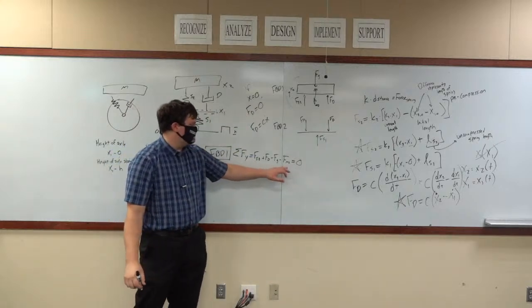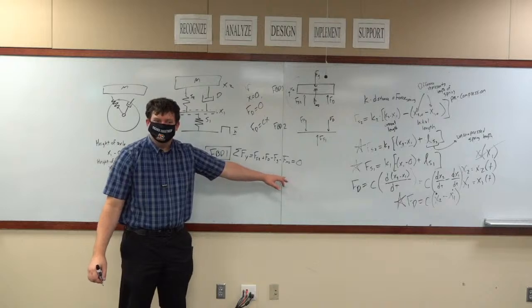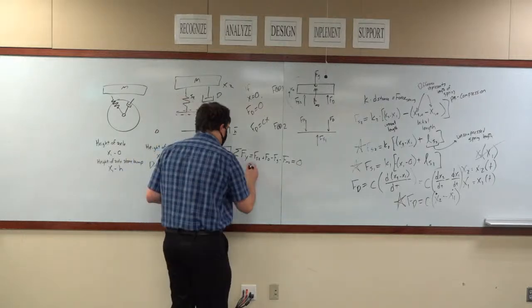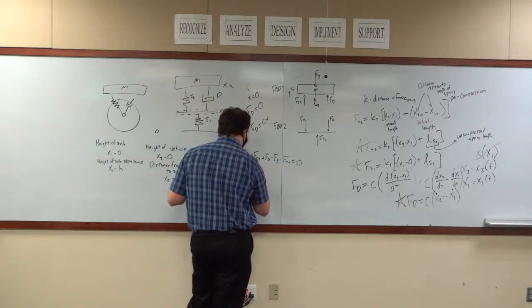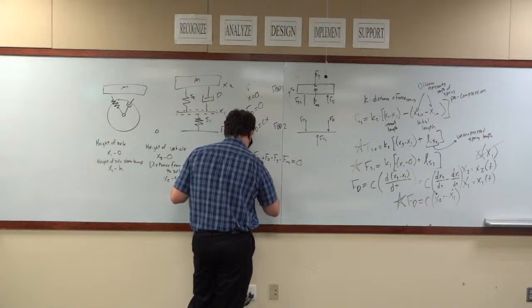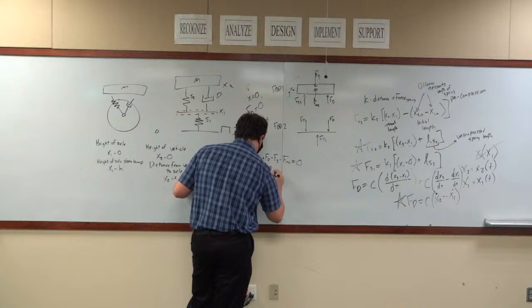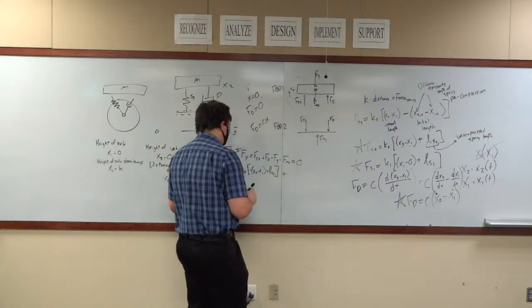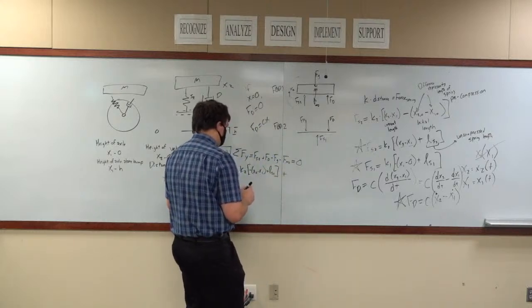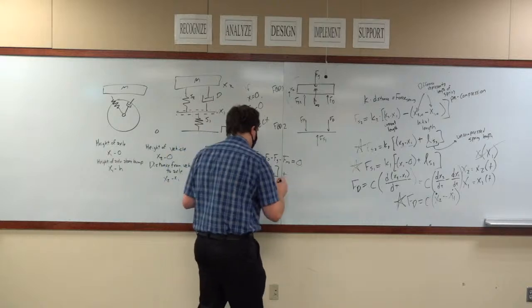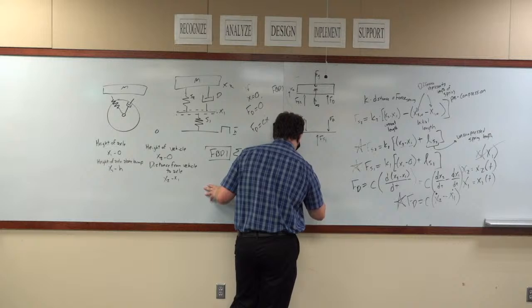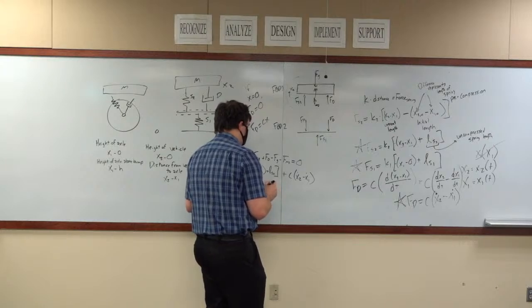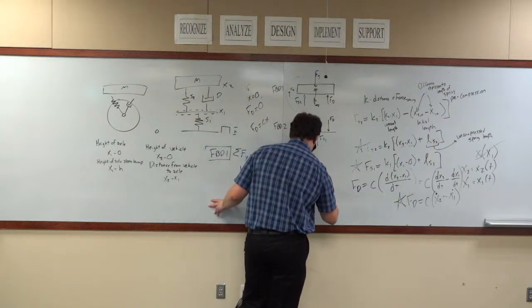We have an equation for each one of these. What is the equation for FS2? What is FD? C times x dot 2 minus x dot 1. What is FG?